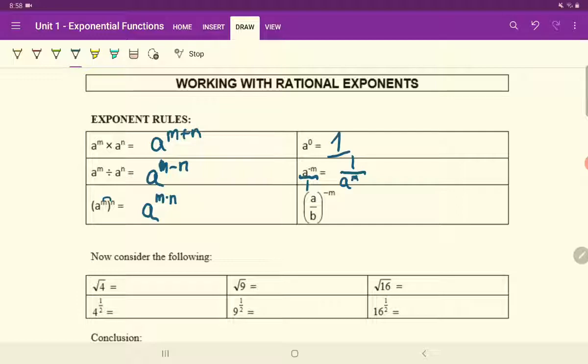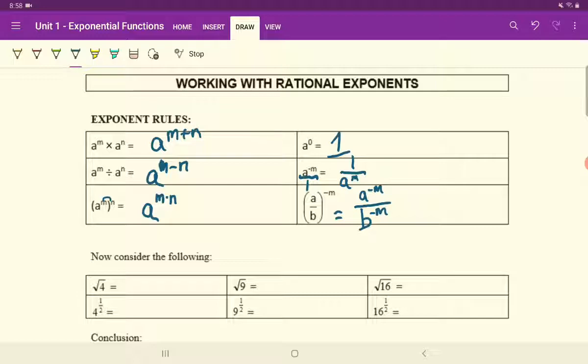Okay, in this case, you have power to power law. So this negative m applies to the a and the b inside these brackets. So you get something like this, right? And so what you would do in that case, because they're both negative exponents, you would flip each of them and they'd both become positive exponents. So the a to the power of negative m, you would bring to the denominator and it would become a to the positive m.